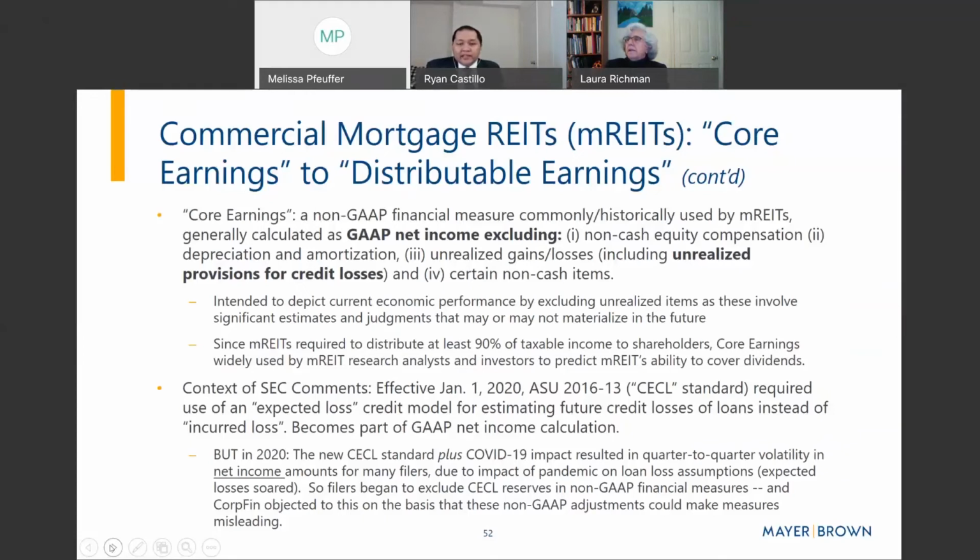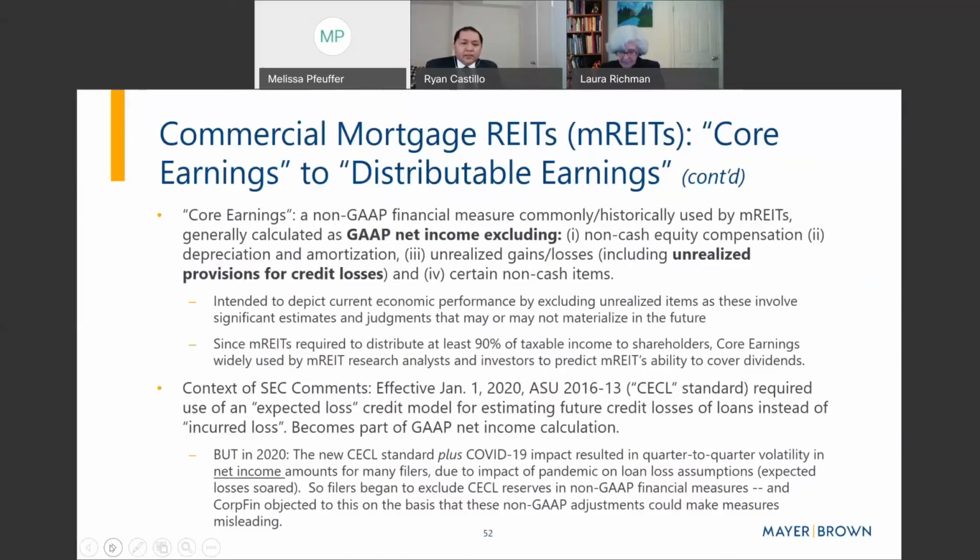But where was the SEC coming from? Effective January 1, 2020, last year, the new CECL, the current expected credit loss standard, came into effect. And that required the use of an expected loss credit model for estimating future credit losses of loans instead of incurred losses. That now becomes part of the GAAP net income calculation.